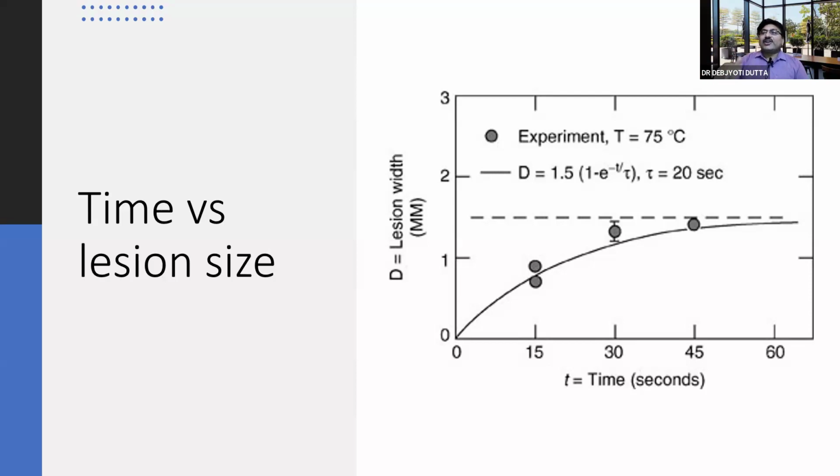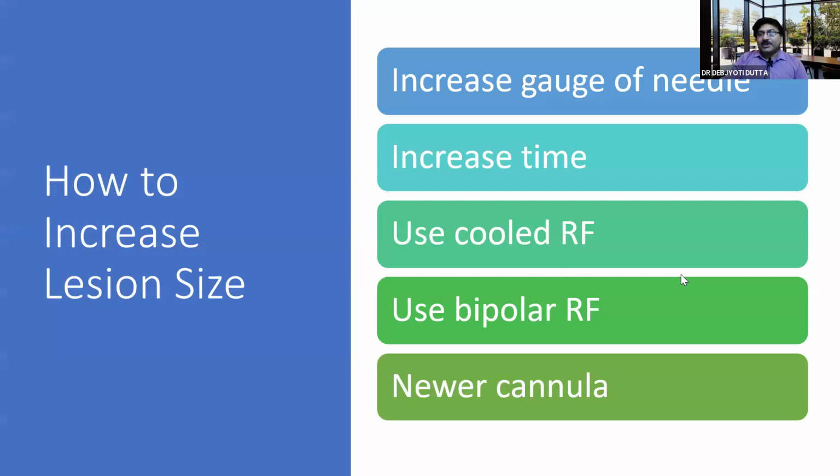Similarly for heating, we cannot go beyond 90 degrees Celsius, because if we go beyond 90 degrees Celsius, water will start evaporating and the hydrocarbon of the tissues will be charred. So ultimately, the lesion will not be produced around it. So the maximum temperature we can go to is 90 degrees Celsius.